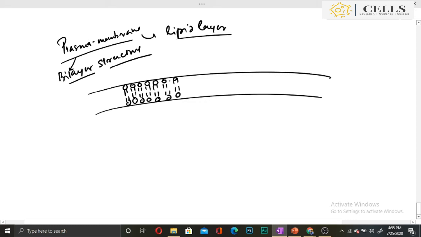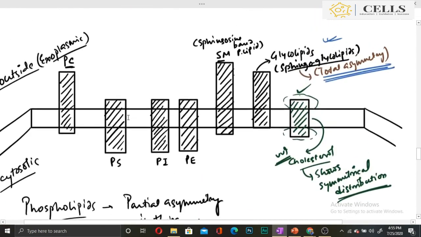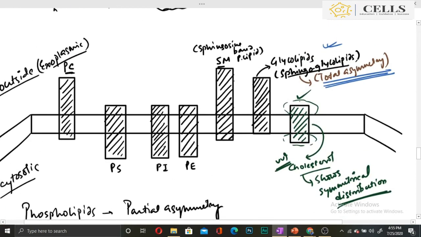Now the thing which I have also mentioned over here, phosphatidyl choline, phosphatidyl serine, phosphatidyl inositol, phosphatidyl ethanolamine. Now how are they present in the exoplasmic phases or in the cytosolic phases? First of all, think in this manner, that the number of phosphatidyl choline, the concept lies here.